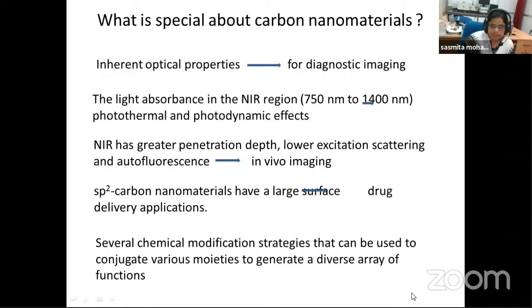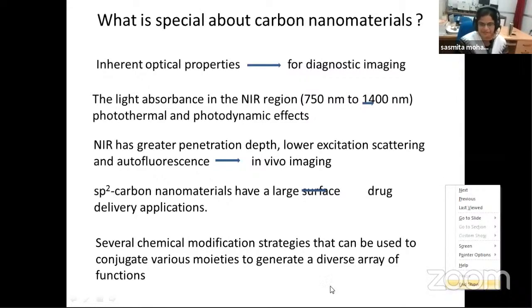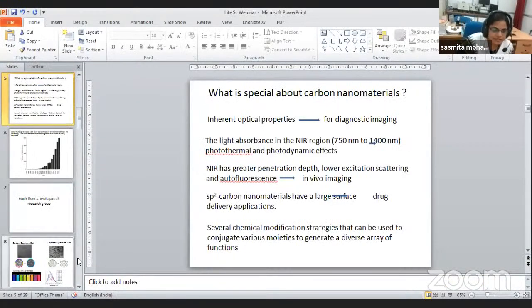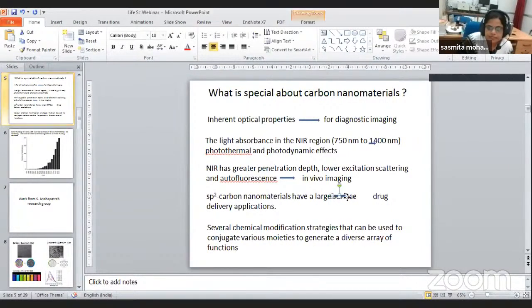That's why it is a good substrate for loading aromatic drugs. Mostly the drugs are aromatic. I'm just telling this from a chemistry point of view. I think it is understood by a large audience.